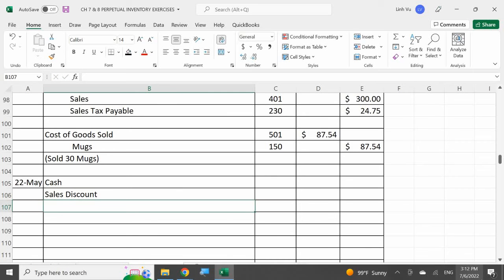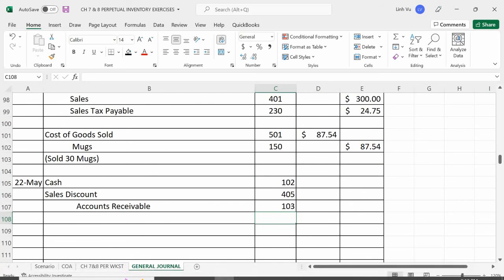And we need to reduce the amount that customer B owes me, so accounts receivable. So cash is 102, sales discounts 405, and accounts receivable is 403.